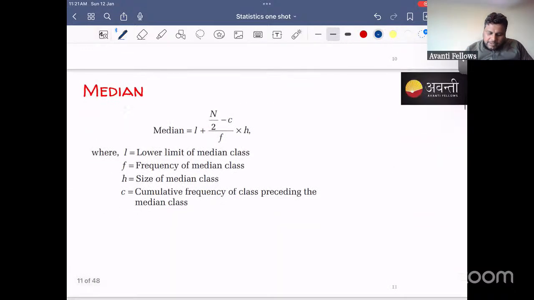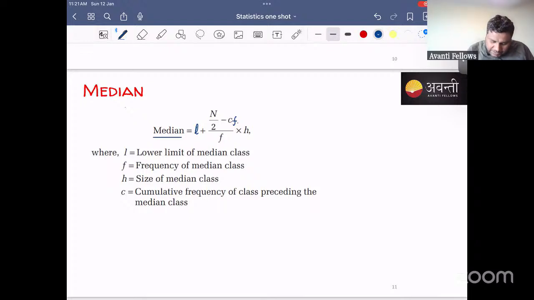Got it? Now, if data is in class form, like 10 to 20 marks scored by this many students, 20 to 30 marks scored by this many students, and so on, in that case the formula for median is L plus (n by 2 minus C) divided by f, into h.